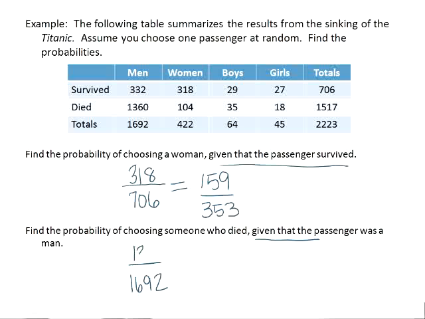That's the 1,360. Remember, the numerator is the overlap between those who died and those who were men, and the denominator is the conditional part, just the total of the men. So this reduces to 340 divided by 423.